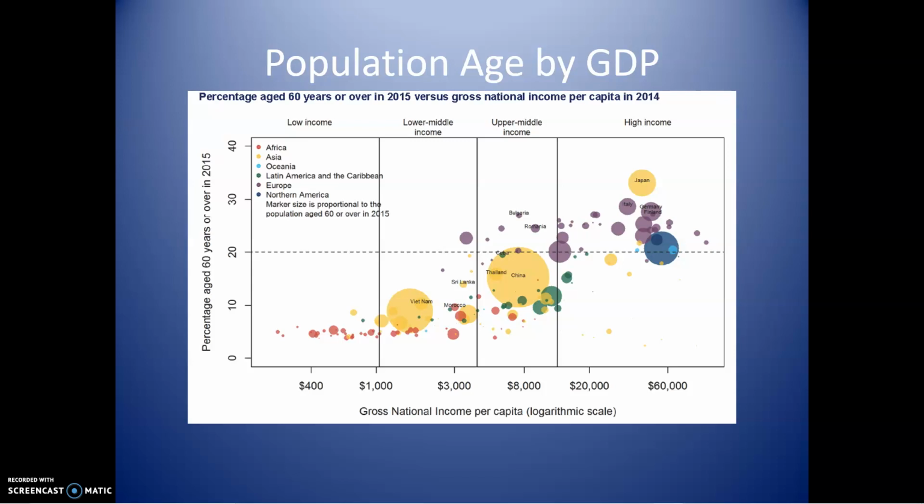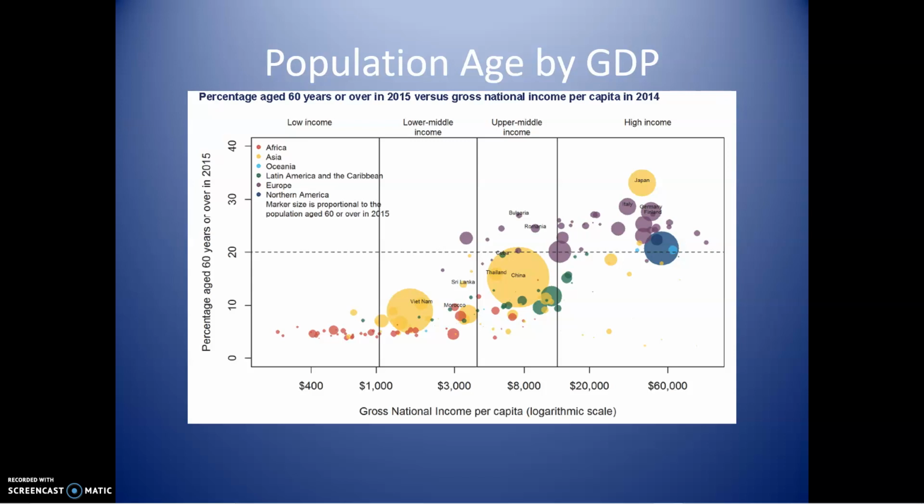So the size of the circle represents the absolute size of the population over 60, or 60 and over I should say, and how high up it is on the graph represents what percentage of the total population of that country this group, the 60 and over group, represents. So as you can see, as expected, the highest income countries have the highest percentage of people 60 and over.